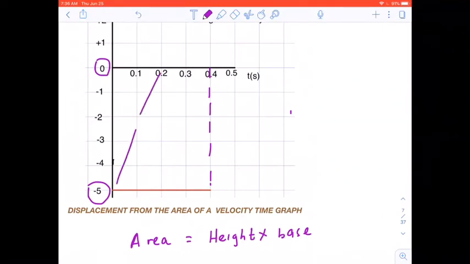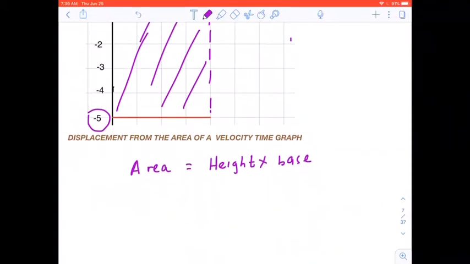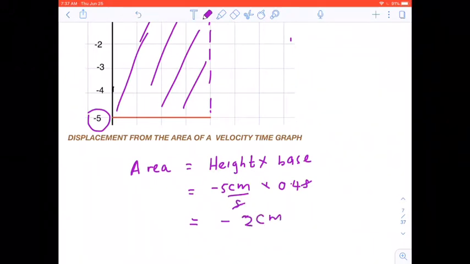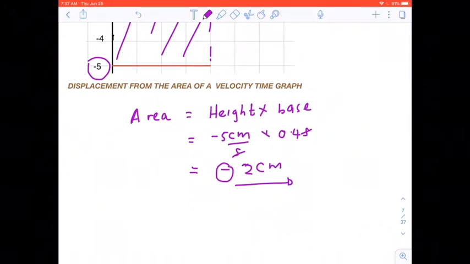So we want to know that there, which means the velocity is minus 5 centimeters per second times 0.4 seconds, and that gives us minus 2 centimeters. Right, and the minus sign indicates the direction of your velocity.